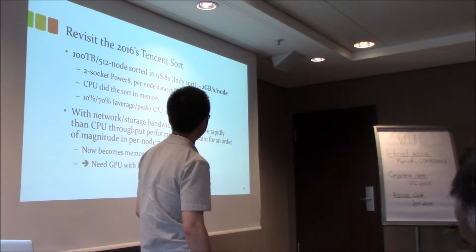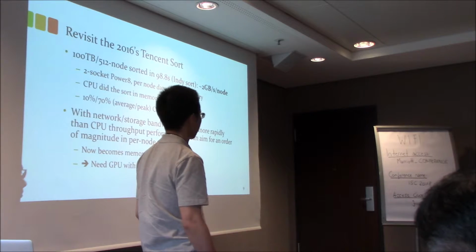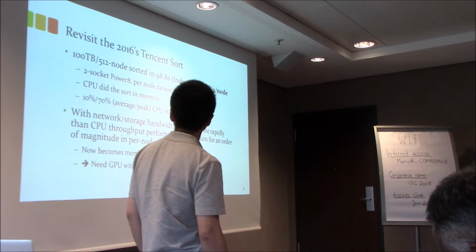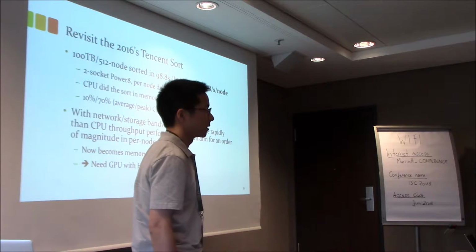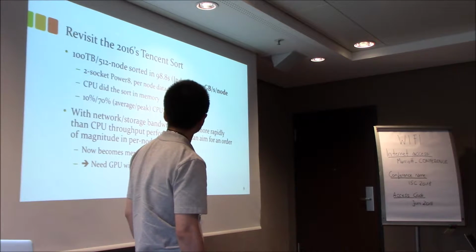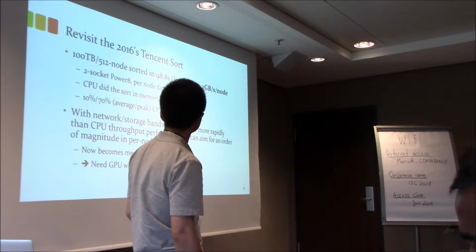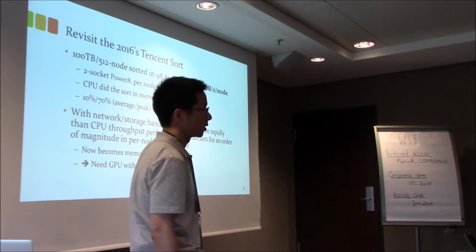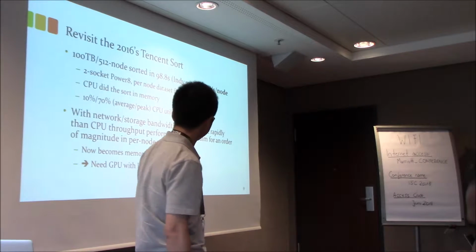Now let's look at the Tencent sort result from two years ago from sortbenchmark.org. They did a 100 terabyte sort on 512 nodes in less than 100 seconds. This translates to 2 gigabytes per second per node.